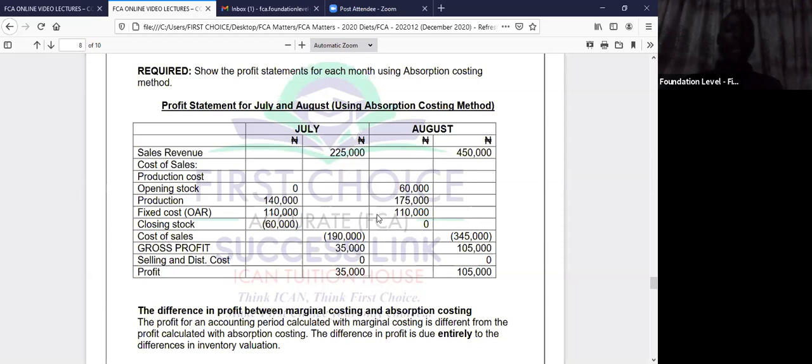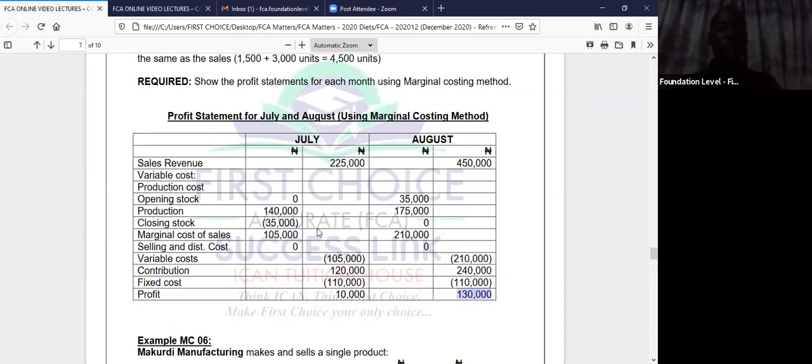Now, whenever you have opening stock, let's start with closing stock. Whenever you have only closing stock, as in this case here, what is the effect of just having only closing stock on your profits?